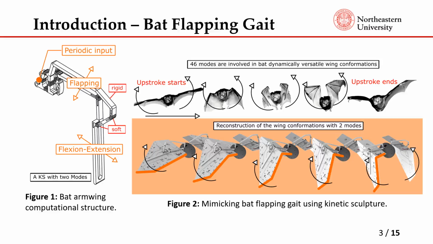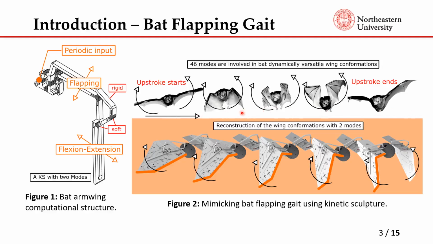Next is the introduction to the bat flapping gait and the Armwing linkage mechanism that we use, which we call the computational structure. Bats have 46 modes involved in flight, which is a lot, and with those modes they can exhibit very flexible wing behavior as shown here.